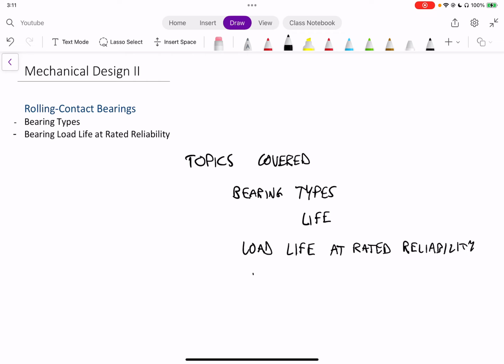And finally, we're going to look at bearing survival, and we're going to go into more depth on bearing survival. This is all going to be part of the module three lectures, and all of this rolling contact bearings chapter that we're going to go over here.